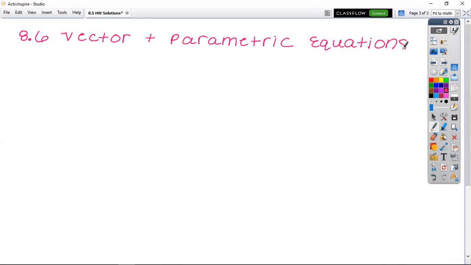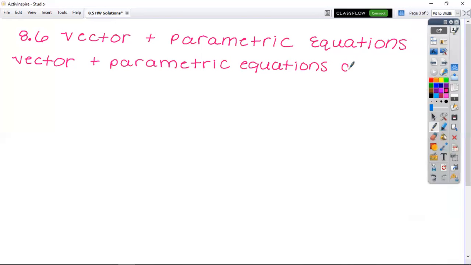So your real world applications with this. Vector and parametric equations are used to model movements.